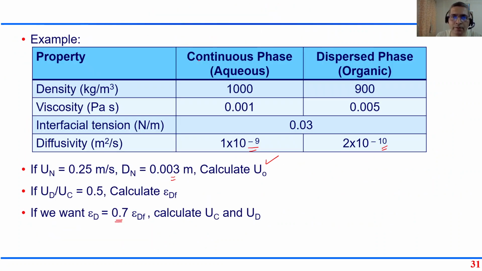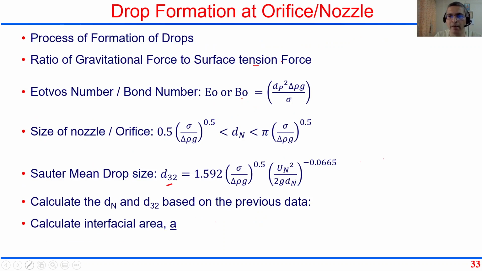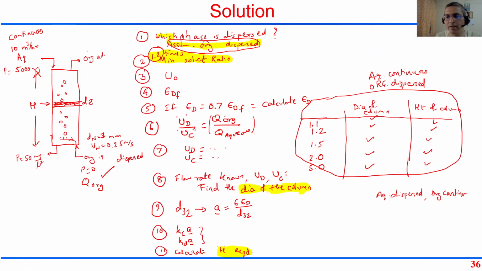Now the dispersed phase will be aqueous and continuous phase would be organic, isn't it? So if you do that, again you can use the same Excel sheet and calculate this table for different times the minimum.